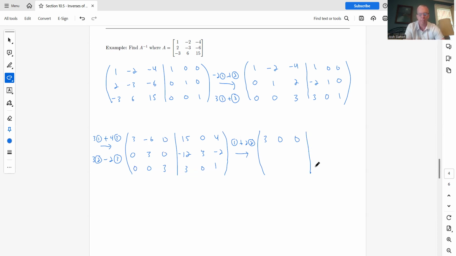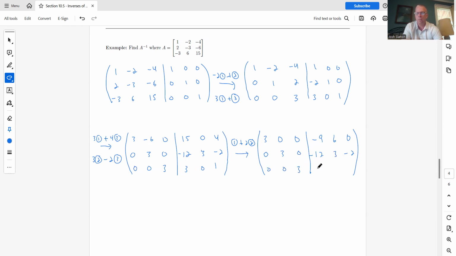Then 15 plus 2 times -12 gives us a -9. 0 plus 2 times 3 gives us a 6. And then 4 plus 2 times -2 gives us a 0. And then we can leave the other two rows the same, so we don't really need to worry about those yet. We'll fix these on the next step.